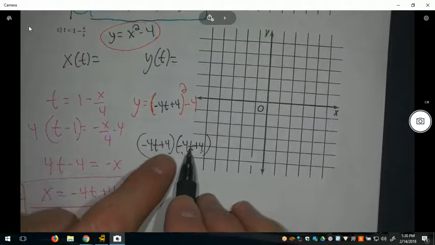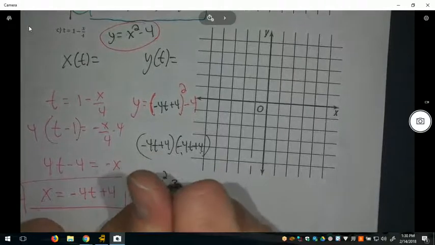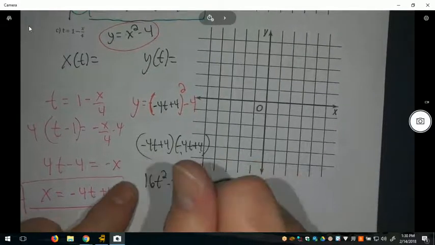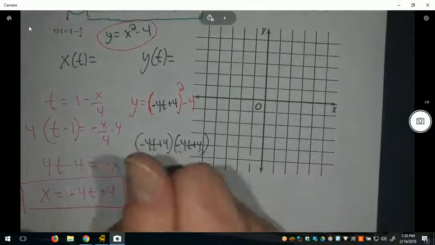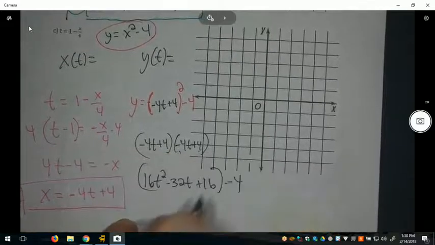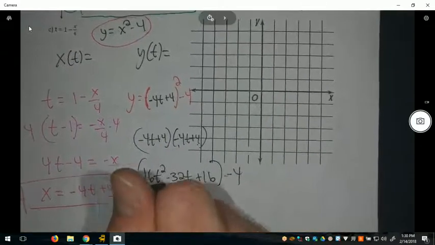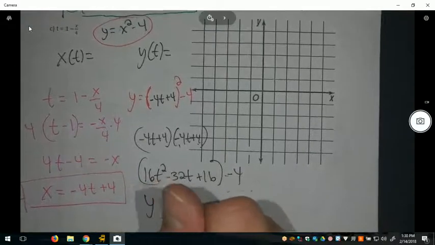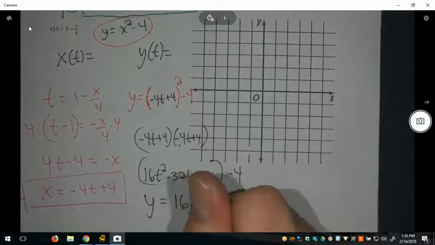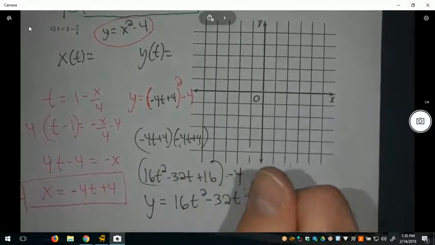Negative 4 and negative 4t gets me negative 32t, and 4 and 4 gets me 16. So that's what I get after I square it, and I'm supposed to subtract 4. So my y equation is y equals 16t squared minus 32t plus 12.